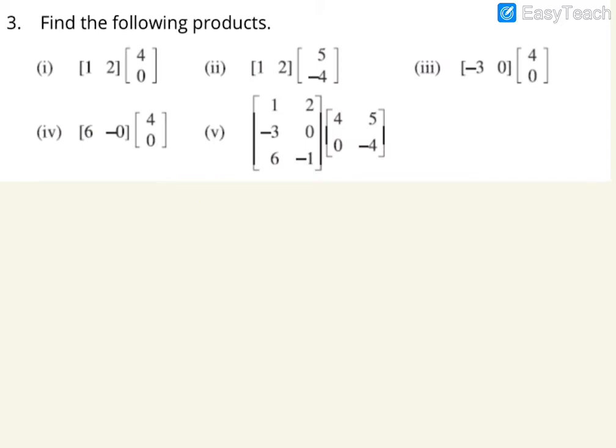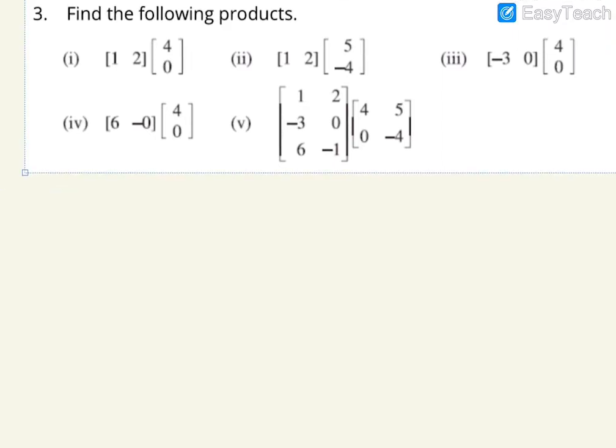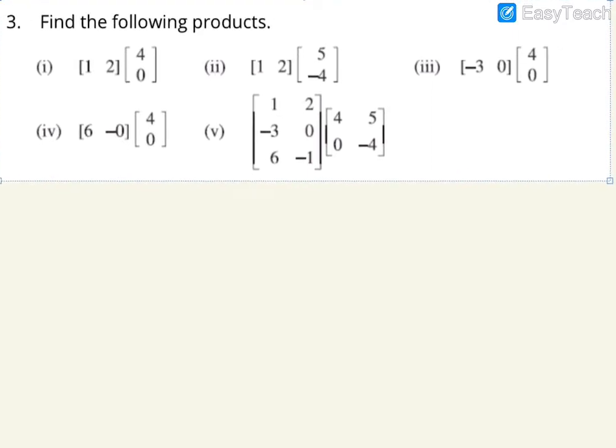In question number 3, find the following products. We need to find the products of two matrices. So first one we will see the order of the first matrix: 1 row and 2 columns, 1 into 2, and the order of the second matrix is 2 rows and 1 column.